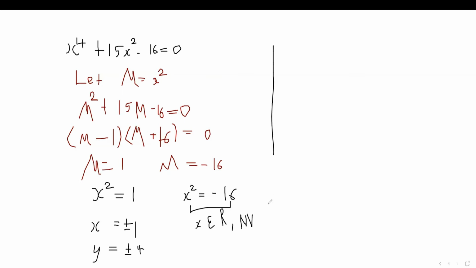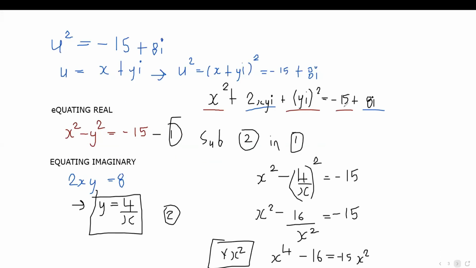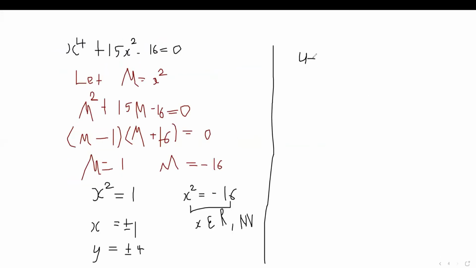So the complex number u is equal to 1 plus 4i, that's one possibility, or the next possibility is u equals minus 1 minus 4i. Those are the answers. Nice and easy.